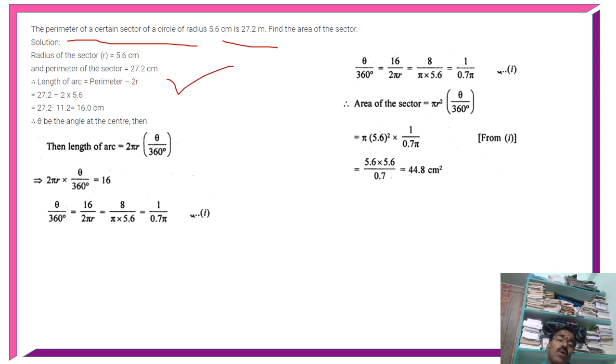First we need to know the L value, the length of arc, then we can find the area. LR by 2 is the correct way, so the area of sector formula is used there.